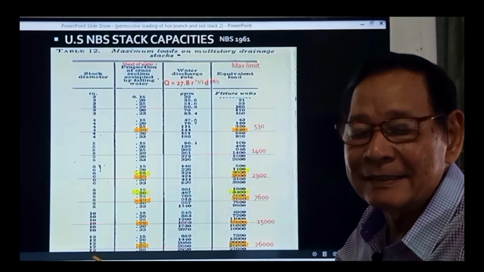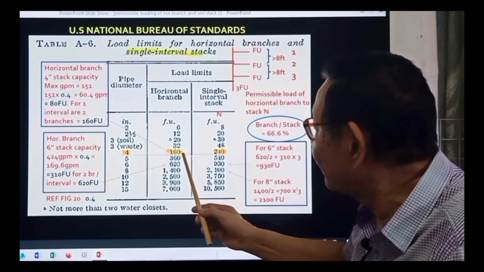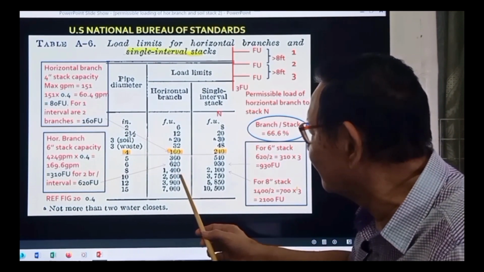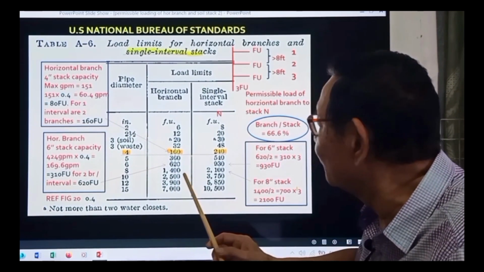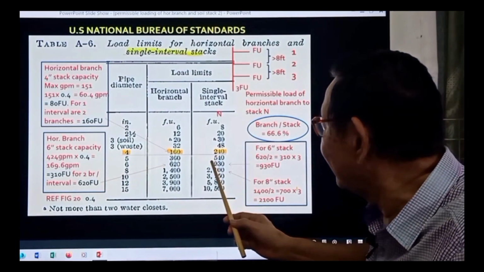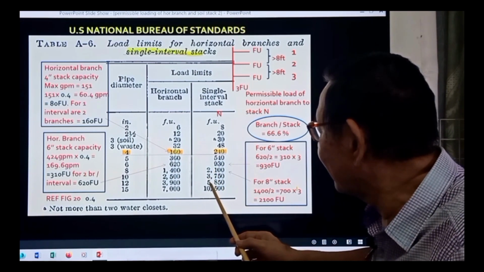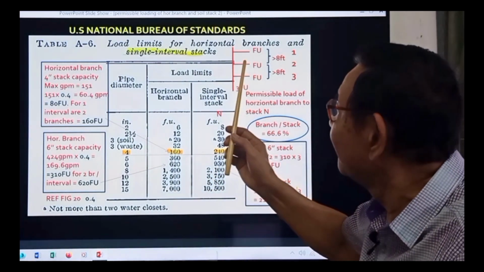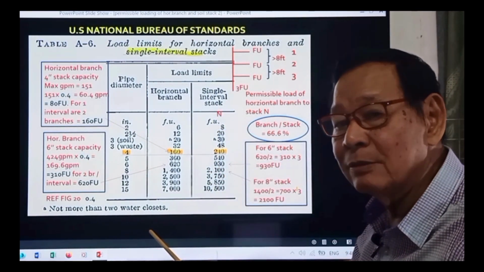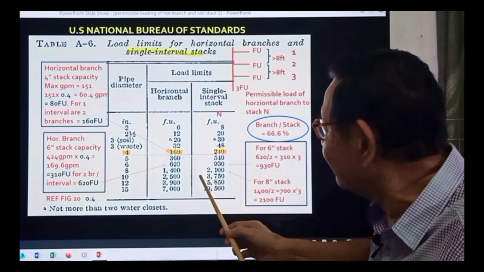Okay, balikan natin. Dito tayo nagkatalo. Itong 160, sa IPC, 360, 620, 1,400, correct lahat yan, pinupyan nila. Pero itong 240, 510, 930, 2,100, 3,760, at saka 5,850, 10,000, ito government, yung ano nila ni Dr. Roy Hunter at saka yung sa Iowa State University yan.